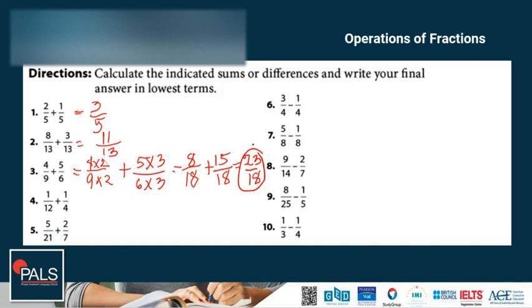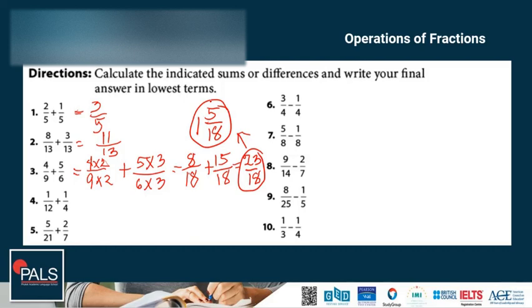But actually, 23 over 18, you can still simplify it in the form of a mixed number. So you know already how to change an improper fraction to a mixed number. So the answer is 1 and 5 over 18.